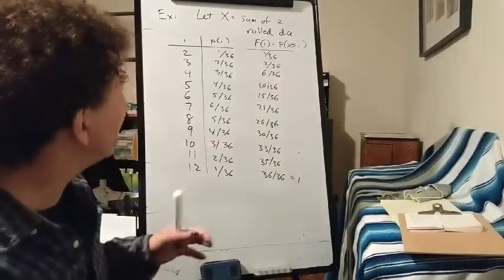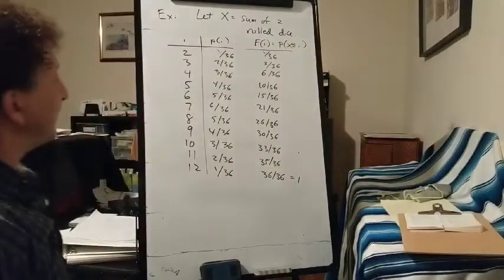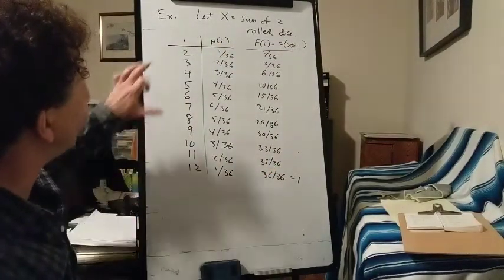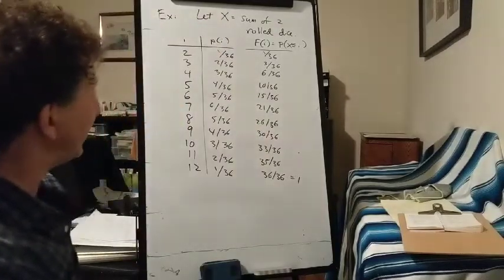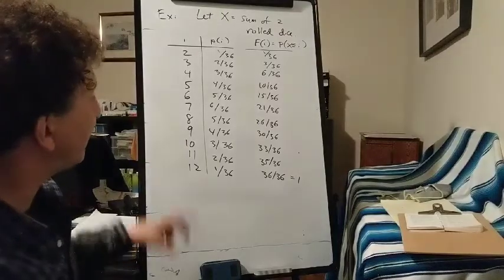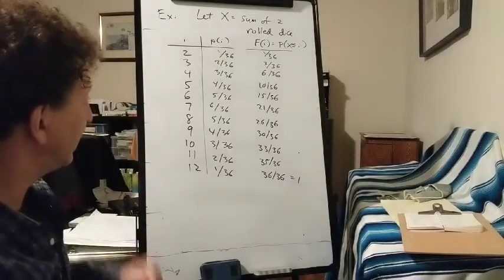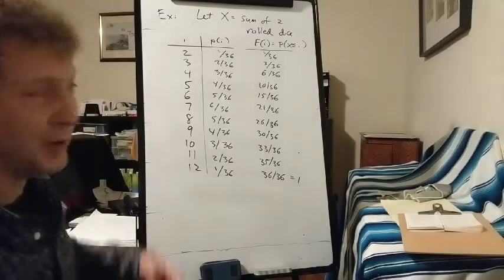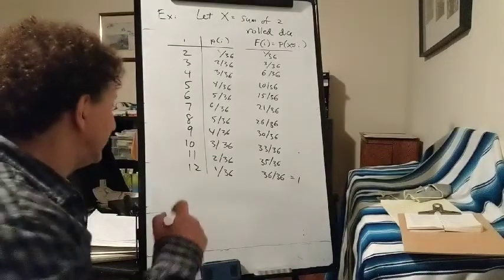All right, let's do an example with infinitely many values. Now, if the random variable can take infinitely many values, countably infinitely many, it might be better to have a formula than a table because, well, we don't want to write an infinite table.